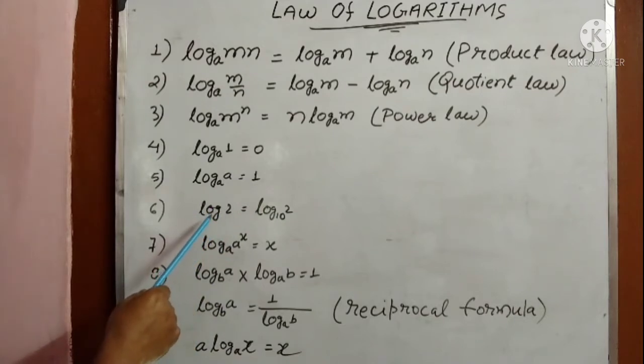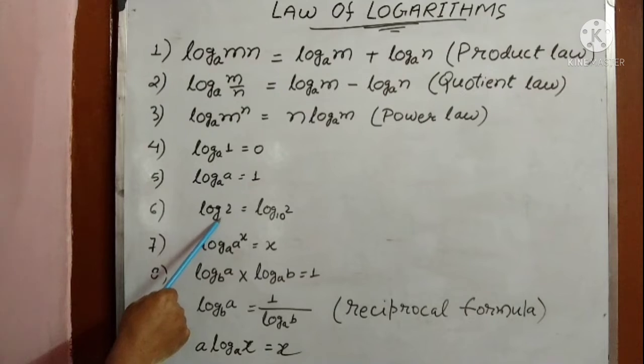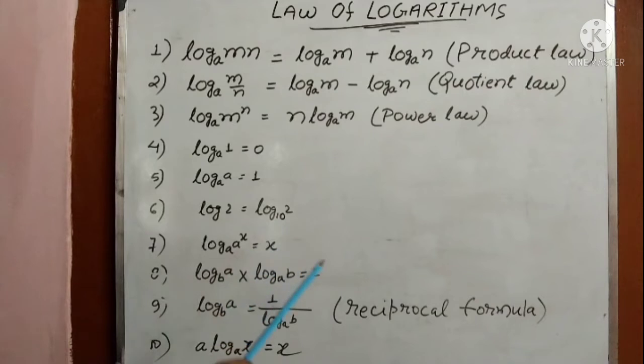That means if you find that no base is given, then we take base as 10. Clear? Now next is log a to the power x to the base a, so this will come this side. So it will result into x.